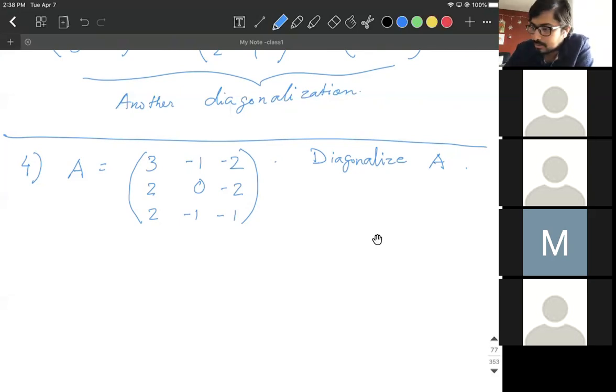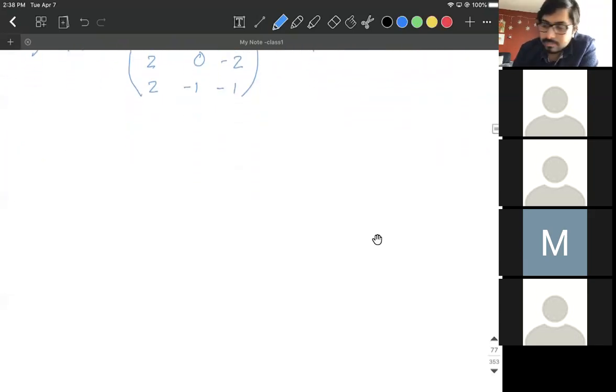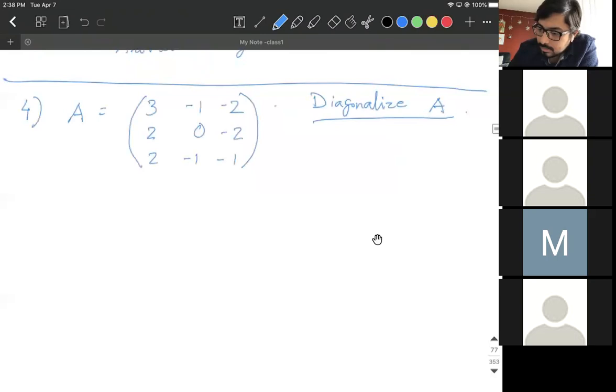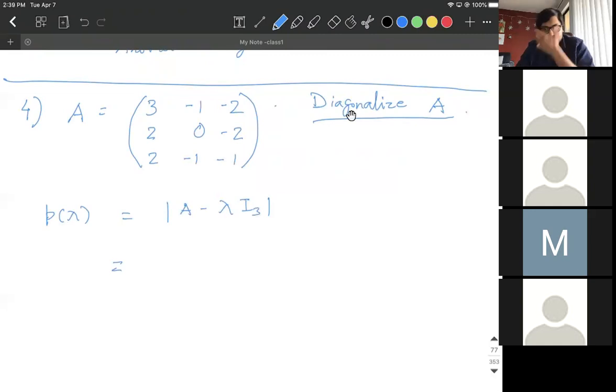Okay, so here let's find the complete solution. So we need to diagonalize. So once again, let's find the eigenvalues. The eigenvalues are given by the determinant of A minus lambda I3. Now, this is where I skip a few steps. The complete detail is done in the lecture note.